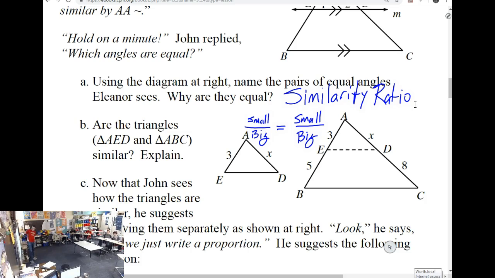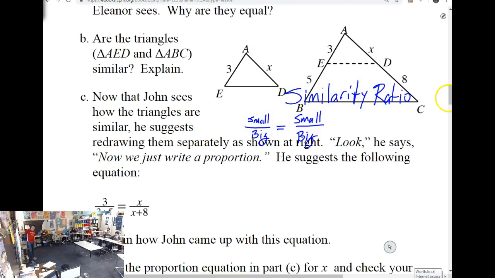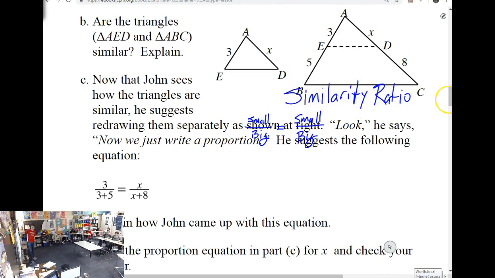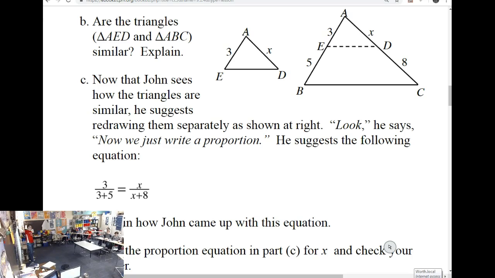So Eleanor says if we know our similarity ratio is allowed to hold true, then I can write this. My small side related to my big side, right? 3 is my small side, but my big side is the whole thing, 3 plus 5. And then I can relate that to small side compared to big side.